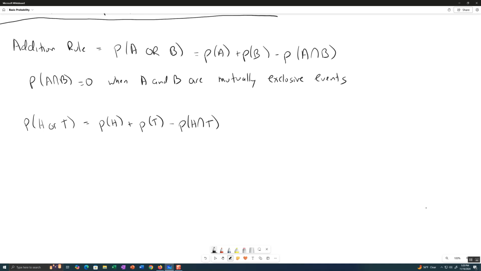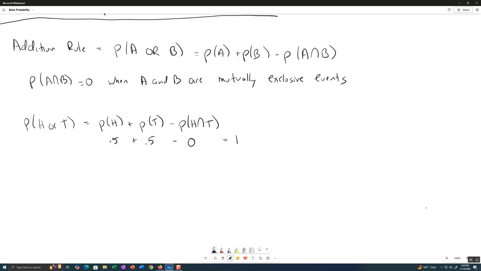Heads and tails occurring at the same time, right? So probability of heads is 0.5. Probability of tails is 0.5. The probability of getting heads and tails at the same time in one flip is 0. So therefore, if this is 0, these are mutually exclusive events. Now this adds up to 1.